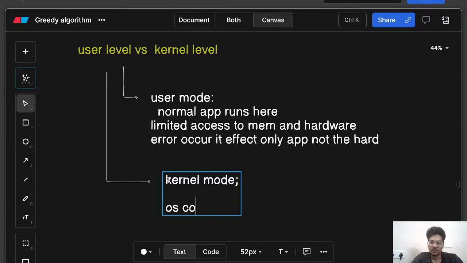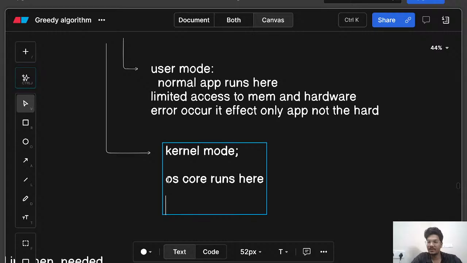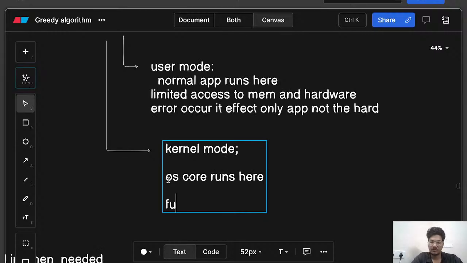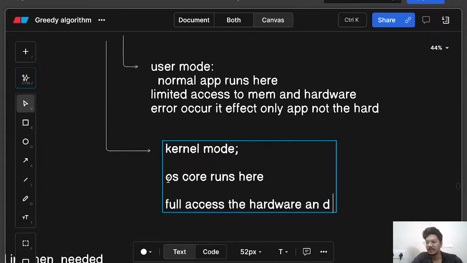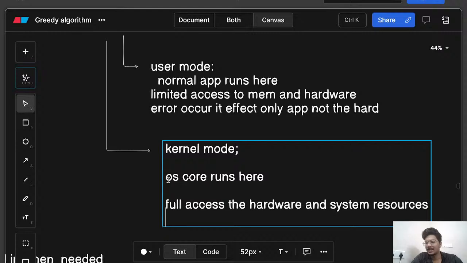It has full access to the hardware and system resources. And crashes here can crash the entire system.